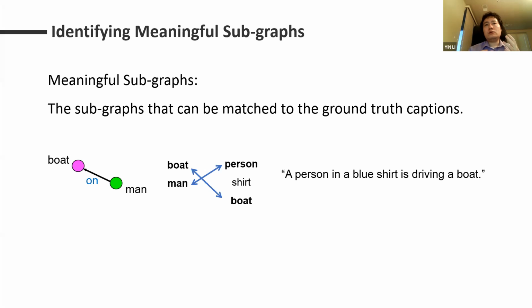Now, what we're going to do is match each of the subgraphs to every possible caption within the annotation during training. And then we're going to select these subgraphs. We're trying to learn to select those subgraphs that can be matched to at least one of these sentences. Here we use intersection over union score to match the concepts on the subgraph to the head-noun tokens within the sentence.